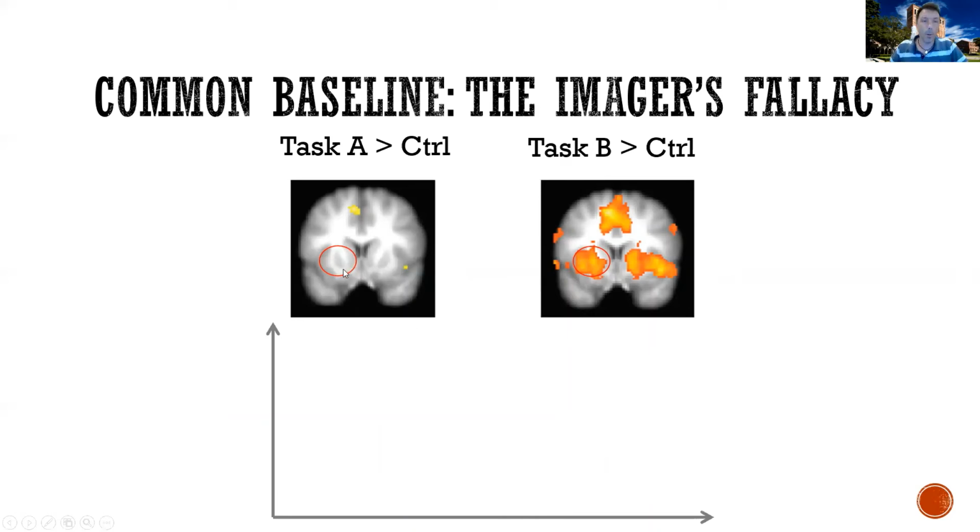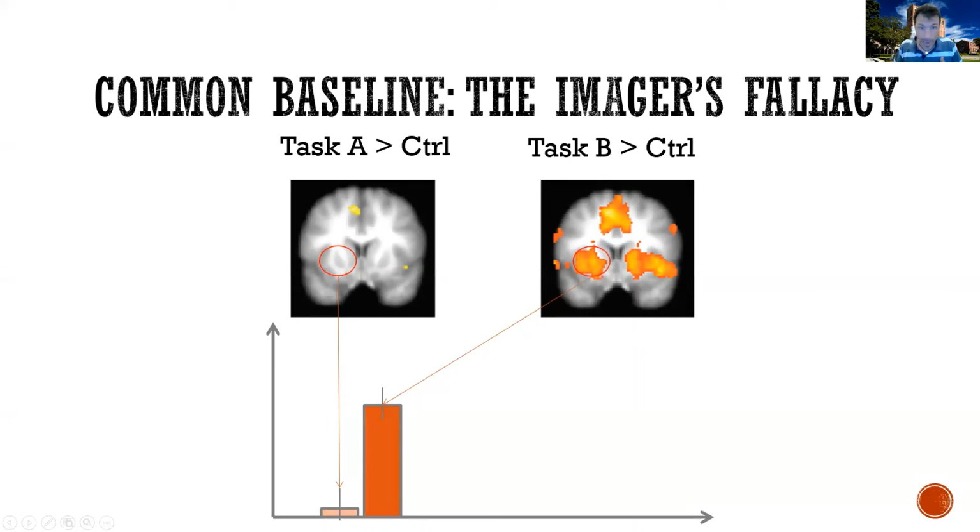So let's say that we were to look at how active A is and how active B is, each compared to the control. Now, in this scenario, the intuitive answer is that during task A, you don't get much activation compared to control, which is sort of the zero line, whereas during task B, you see all this activation, so this part of the brain must be really active compared to the control baseline at 0.